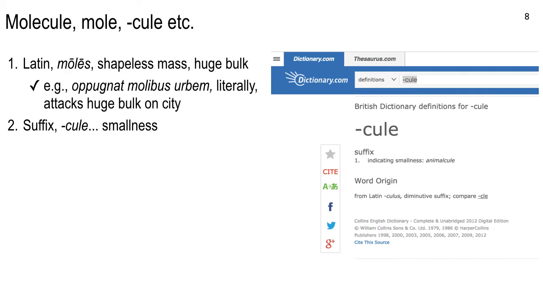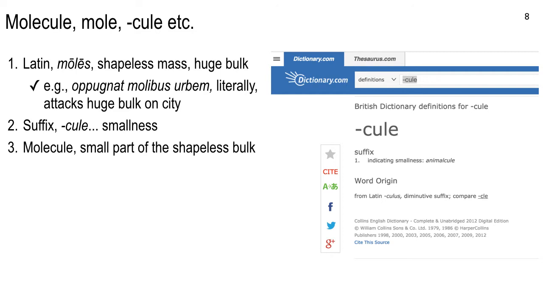Cule, the suffix, denotes smallness or a fraction. And you can look that up at dictionary.com and other places. And so a molecule is a small part of a shapeless bulk.